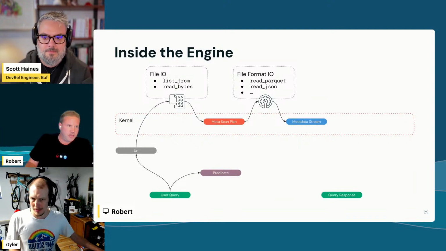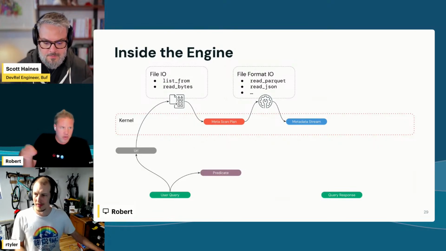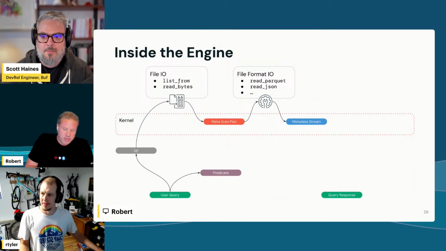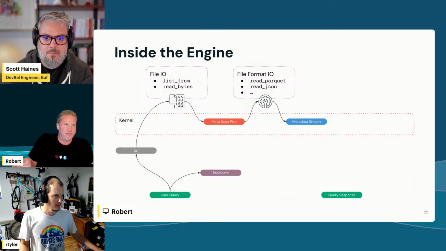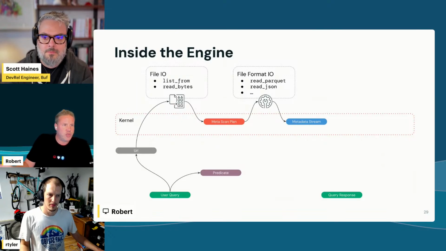If you're looking at something like Iceberg, we would also need read Avro, but the message is it's on the file format level, not on the bytes level. We're not using read bytes and then parsing the Parquet bytes or Avro bytes ourselves, because we believe the engine is best at that. They know how to do this very efficiently.